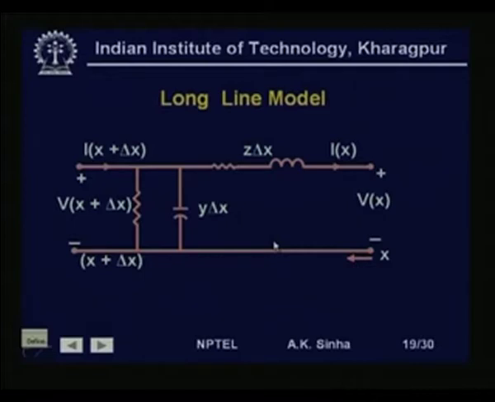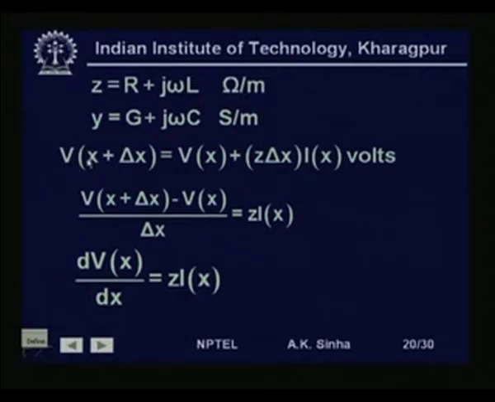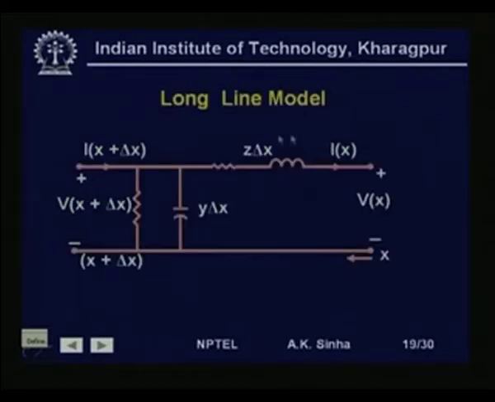Now, with these values, we will write Kirchhoff's voltage law. Here we have V at x plus delta x will be equal to V x, that is the voltage at distance x, plus the voltage drop, which will be I x into z delta x. So, the voltage at this end, that is V at x plus delta x, is going to be equal to V at x plus the voltage drop, which is I at x into z delta x.